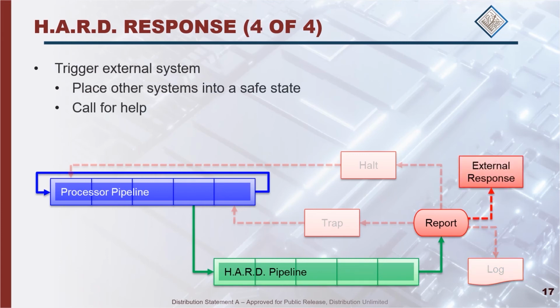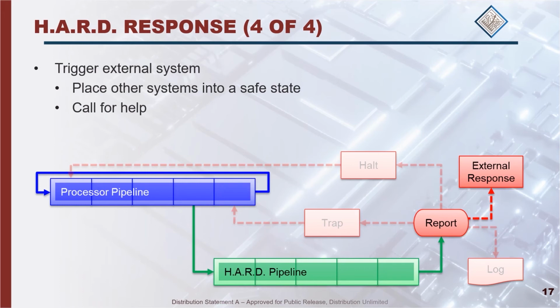As a fourth example, you could also use it to trigger an external system. For example, you could use this to put other systems into a more safe state. So if we go back to a DoD example, let's say we realize that some hacker is attempting to break into a particular system, it may not be a bad idea to put the missiles on this platform into a safe state so that the hacker couldn't potentially do something to the rest of the whole system.